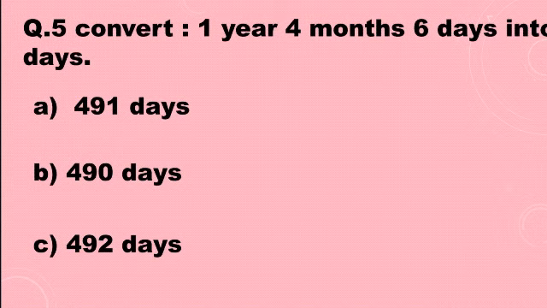So 12 into 30 equals 360 days. You will not get the number of days of the year because 1 year equals 365 days. This is the problem. That's why you have to convert it directly, year to days.